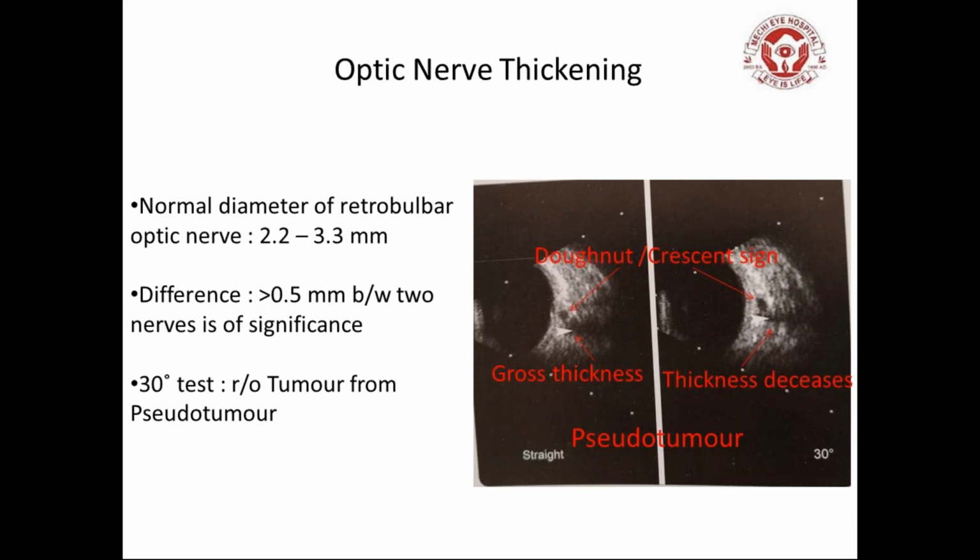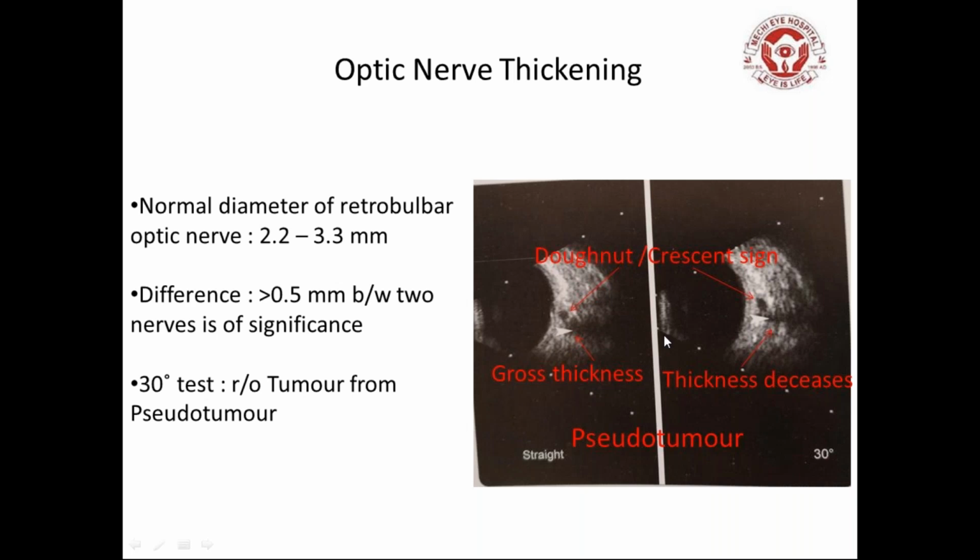In this picture we can see gross thickening of the optic nerve. If you rotate the probe 30 degrees and the thickness of the optic nerve decreases, then this is a pseudo tumor, and if the thickness remains the same, then it is an actual tumor.